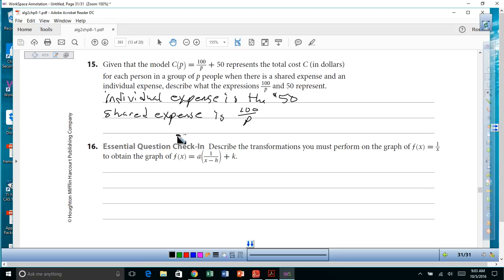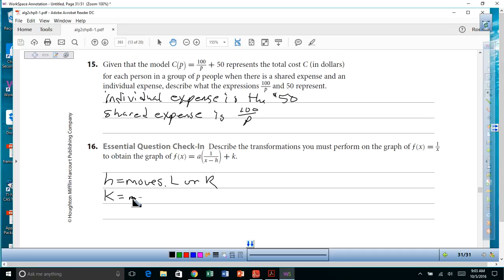Describe the transformations you must perform on the graph of f of x equals 1 over x to obtain the graph of f of x equals a times 1 over x minus h plus k. Well, let's see. Remember the h moves left or right, depending on whether it's positive or negative.